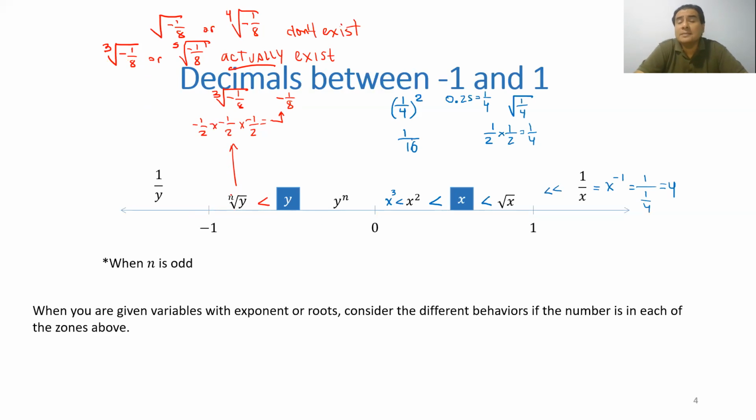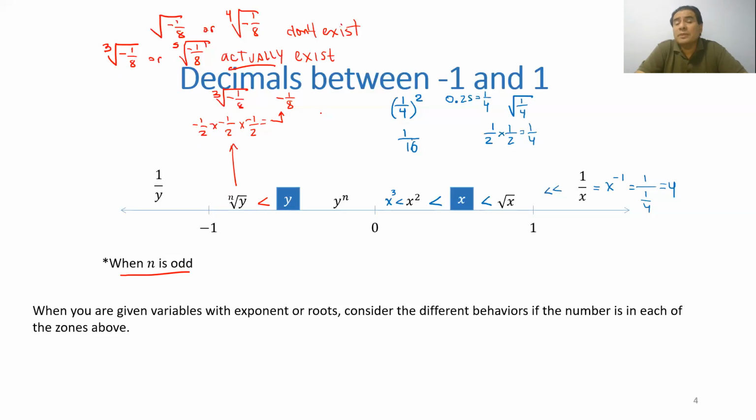So this applies to all decimals in general: the radical with an odd index, like the cube root of -1/8 or the fifth root of -1/8, etc., will always be less than the original negative decimal.